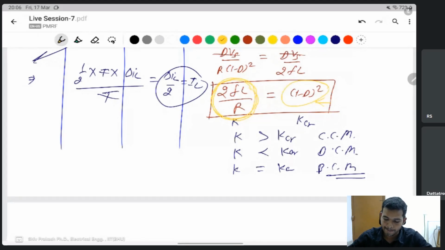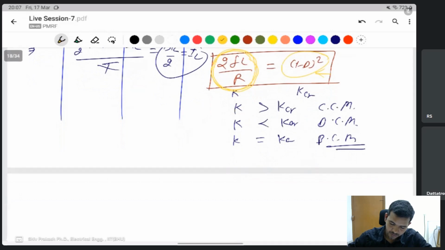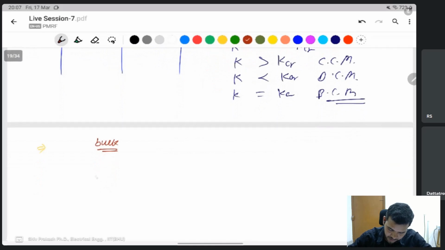Can we make a tabulation here, sir? For buck converter, what is Kcr? For boost converter, what is Kcr? And for buck boost converter, what is Kcr? For the buck boost converter it is (1 minus D) square.